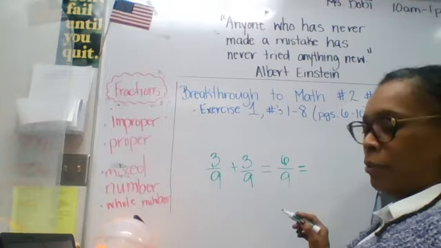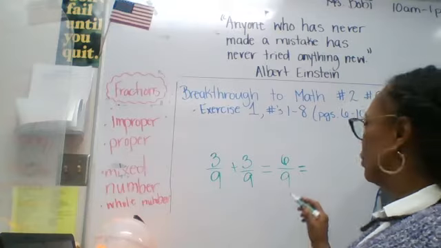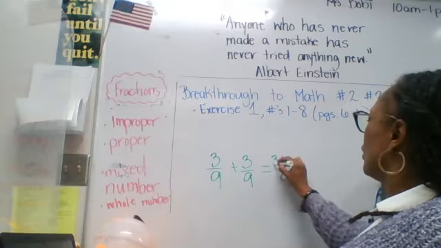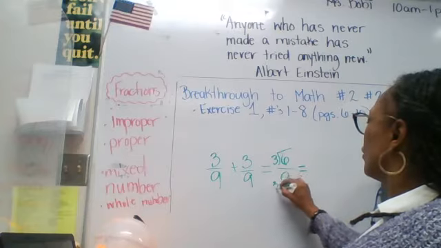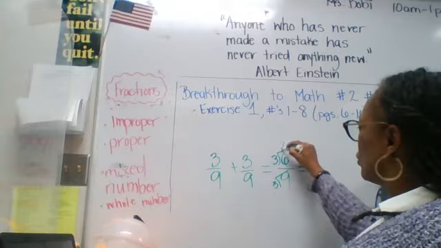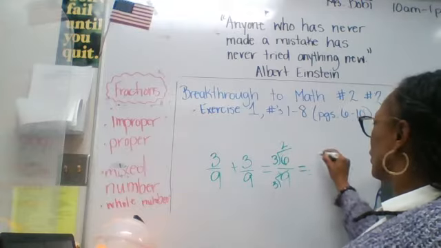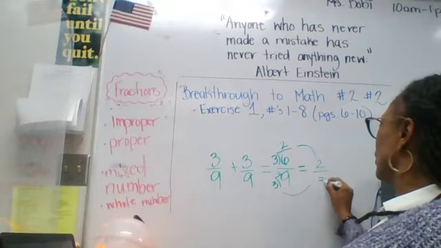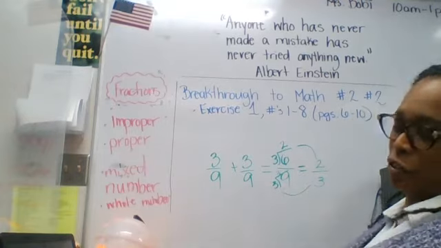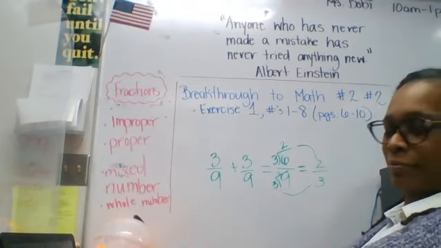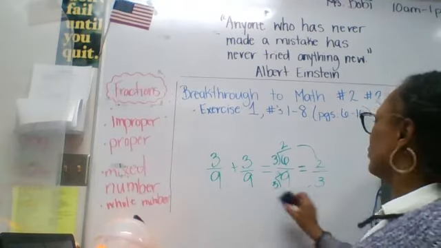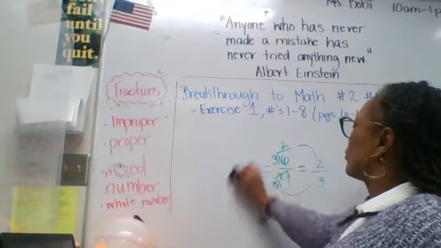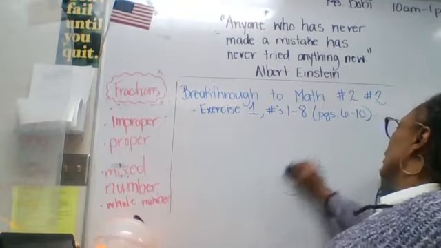No, but there's a number that can go into both. That number is 3. 6 divided by 3 is 2, and 9 divided by 3 is 3. So you bring that 2 here, bring that 3 here. 2/3 is your answer. Okay.